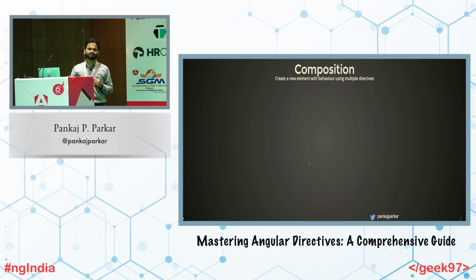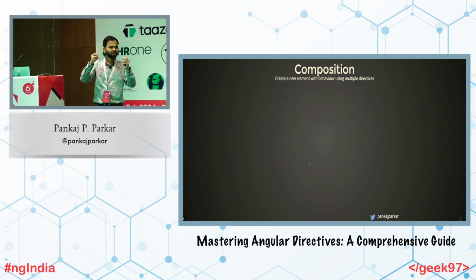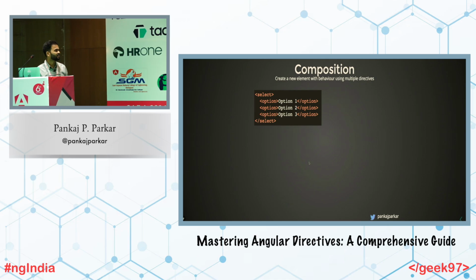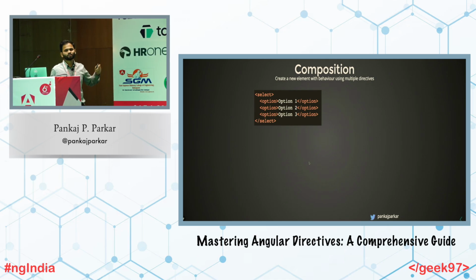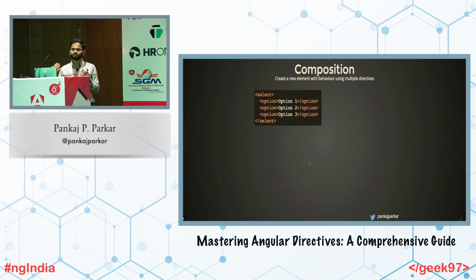What I mean by that? Compose something, right? Basically we will gather multiple directives and try to achieve some behavior. Think about this: suppose somebody told you that you have a specific requirement about creating a special menu for your application.